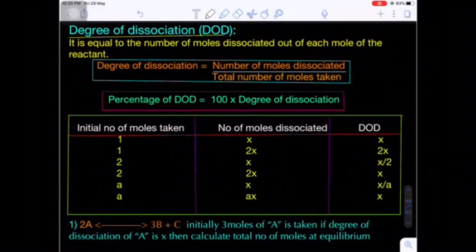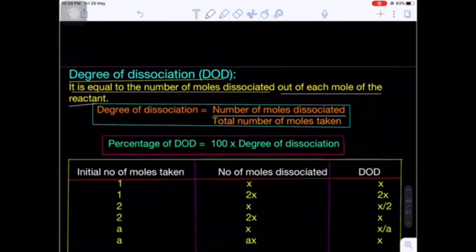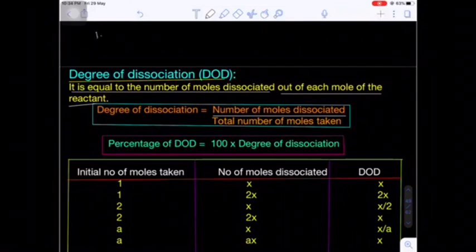The definition of degree of dissociation is the number of moles that dissociated per mole of the reactant. That means it is equal to the number of moles dissociated out of each mole of the reactant. Are you getting my point? Let's suppose I have 1 mole of a reactant. Out of 1 mole, let's suppose 0.1 moles dissociated.